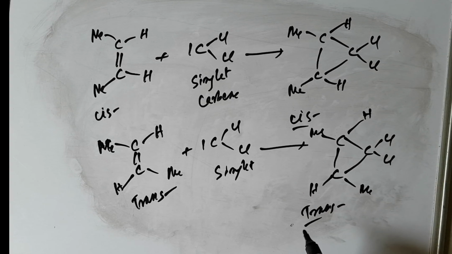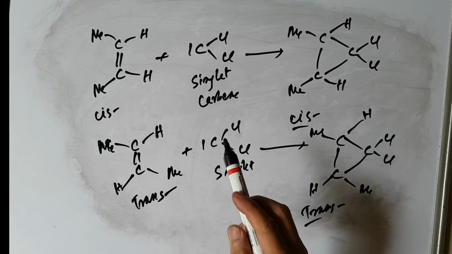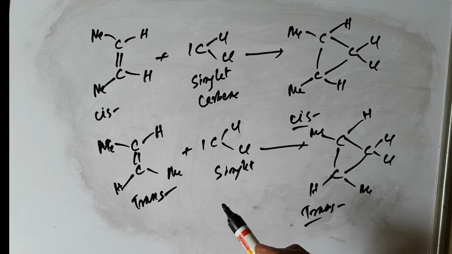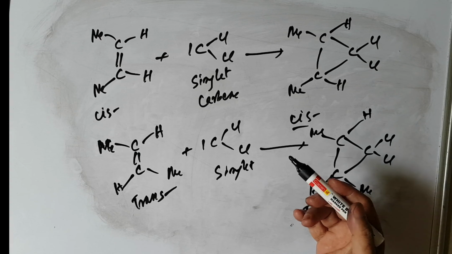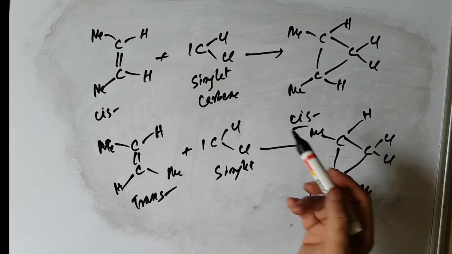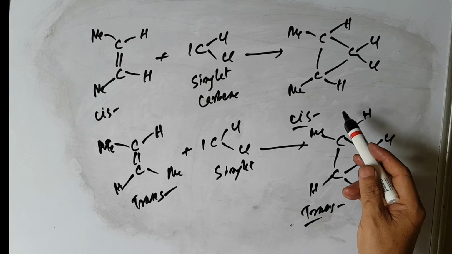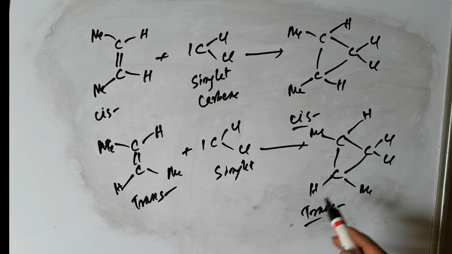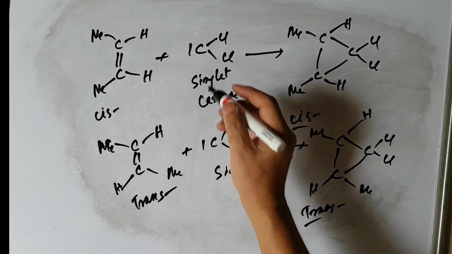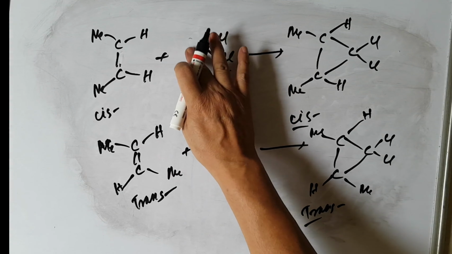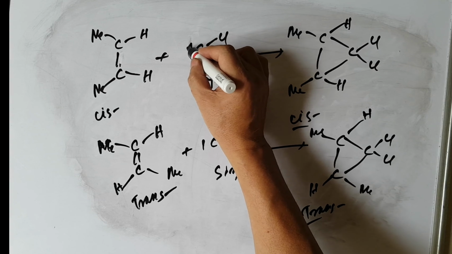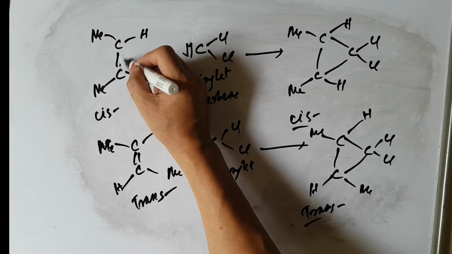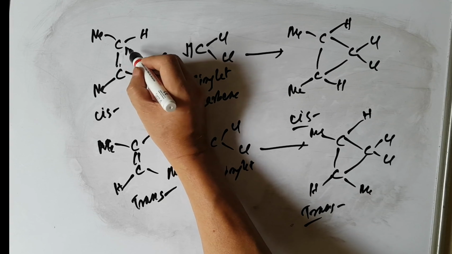So what I want to say is that the addition of singlet carbene to olefinic double bonds is stereospecific and mostly exothermic. Singlet cis butene will give cis product and trans butene will give trans product. In the singlet carbene, the two electrons are paired, one is up, one is down.